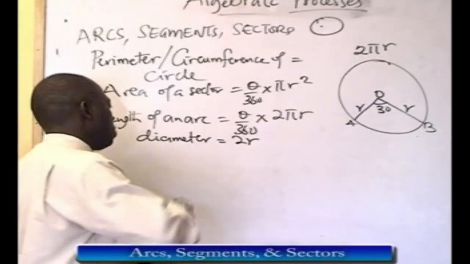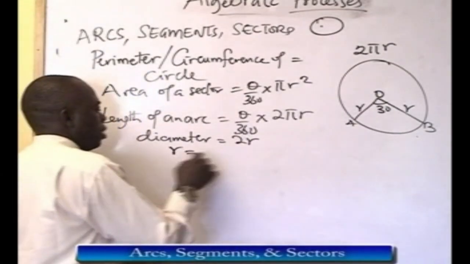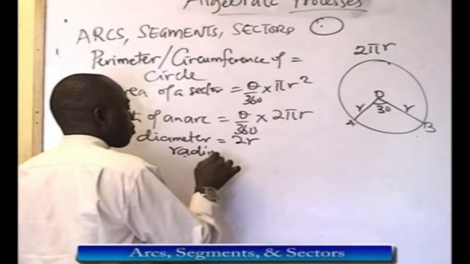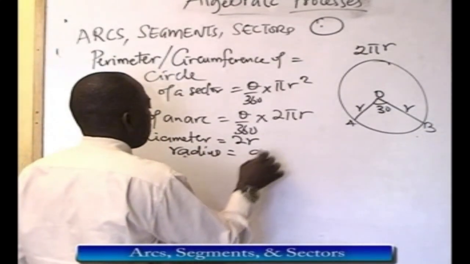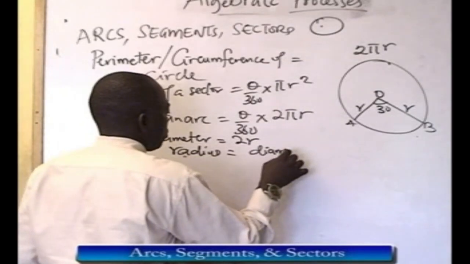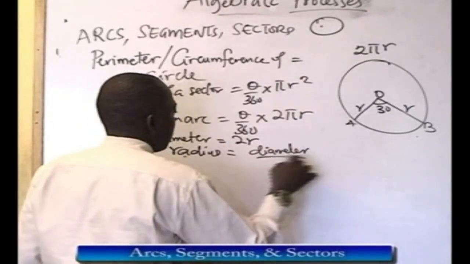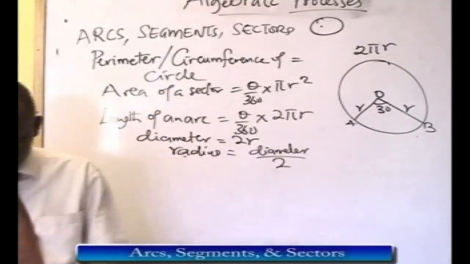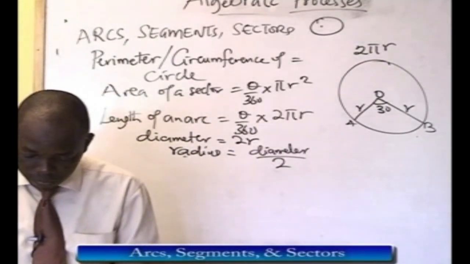Again, the radius is equal to diameter divided by 2. So these are very important things you need to put into consideration.